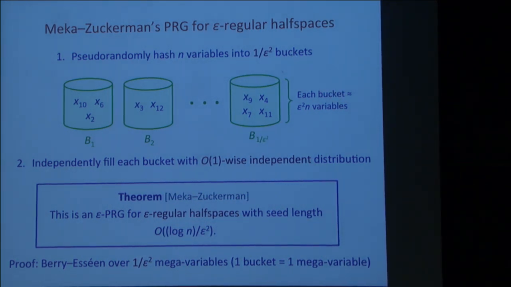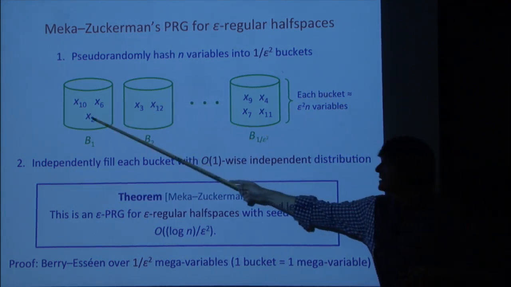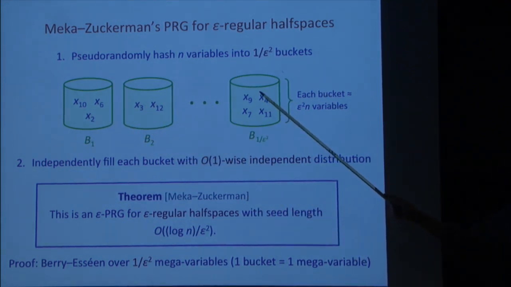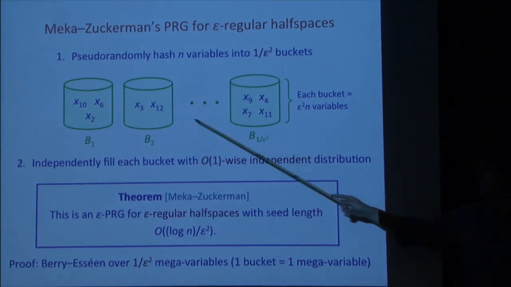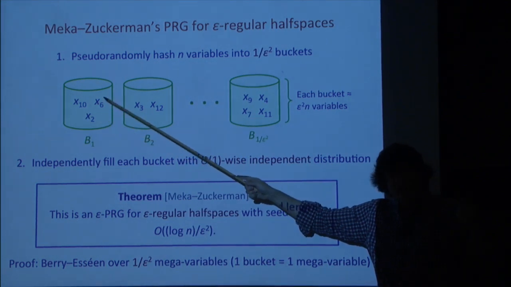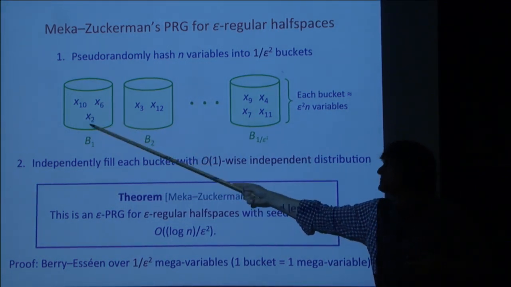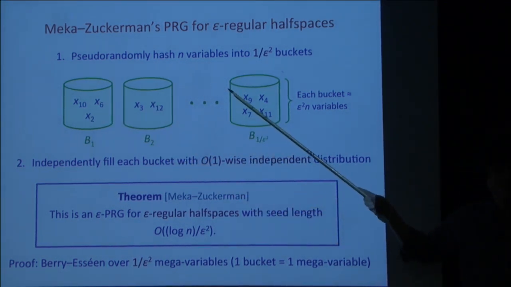It's a combination of, first of all, not full independence, just constant-wise independence, and then also you actually do need full independence across these 1 over epsilon squared buckets to apply Berry-Esseen to the 1 over epsilon squared length vector whose coefficients correspond to the amount of weight in each bucket.